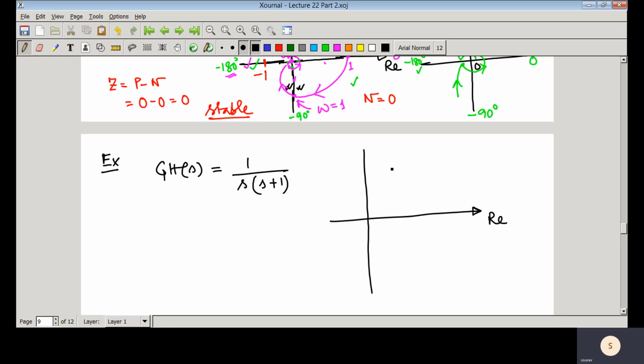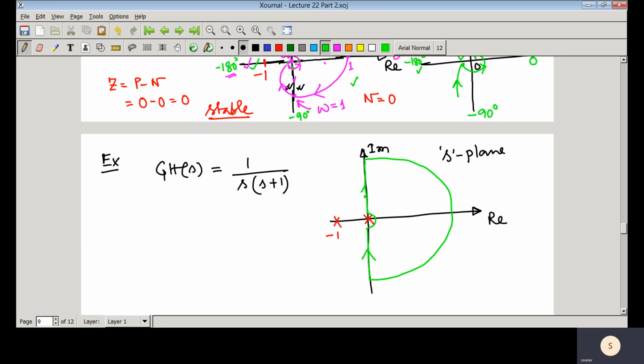So this is the real axis and this is imaginary, and this is the s plane, and we can see that you have a pole here. So this is minus 1, and you have a pole on the imaginary axis. So the Nyquist contour would be like this, just excluding that origin. So the Nyquist contour is this one.